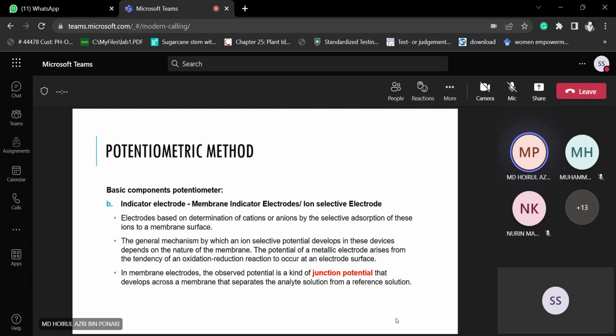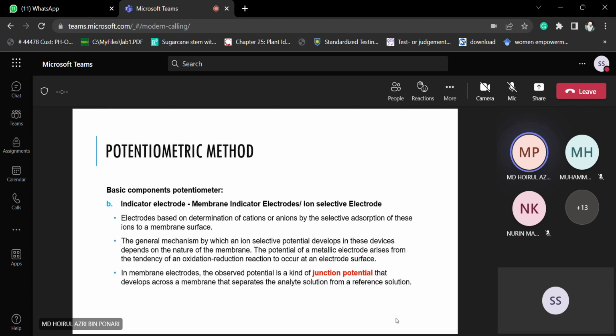Okay, so the indicator electrode must be sensitive to hydrogen ions. It must detect or measure the concentration of hydrogen ions. Okay, so in order to detect the concentration of hydrogen ions, the ion selective electrode will select hydrogen ions only. Okay, that is why it is called a selective electrode. It is very selective. It only chooses certain ions. In this case, it will select the hydrogen ions.